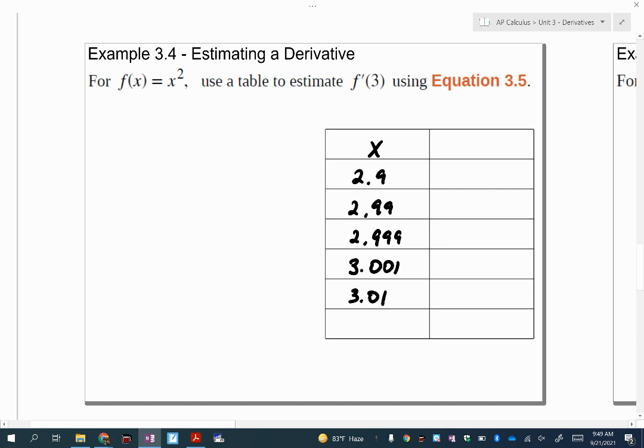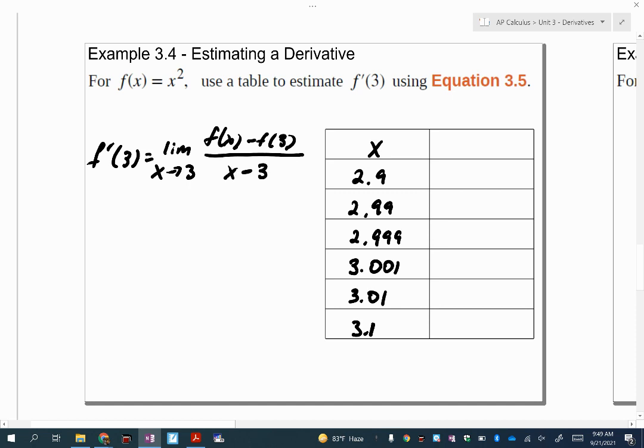In terms of what we plug in, we use the formula: f prime of 3 is the limit as x approaches 3 of f of x minus f of 3 over x minus 3. So I'm going to plug in x squared minus 9 over x minus 3.